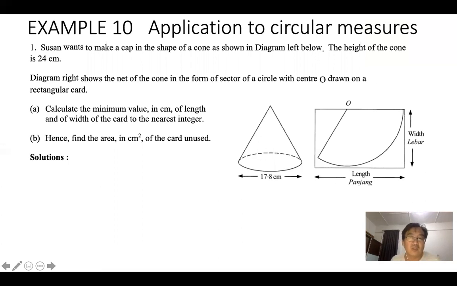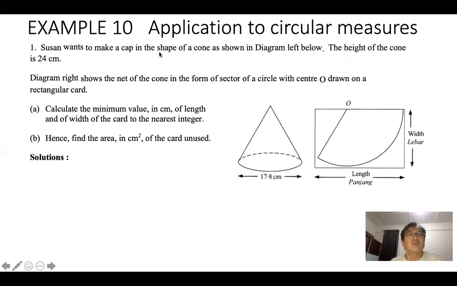Let's look at one of the SPM questions. When this question came out, a lot of students could not do it, but now I think most of the students can do it because they are well exposed to this type of question. All right, so let's see how to solve.